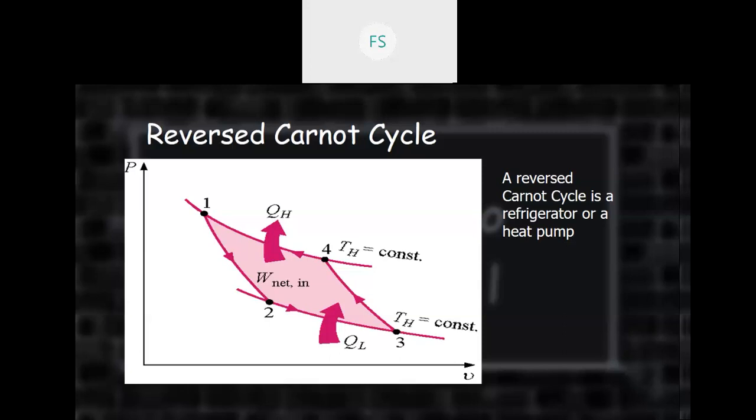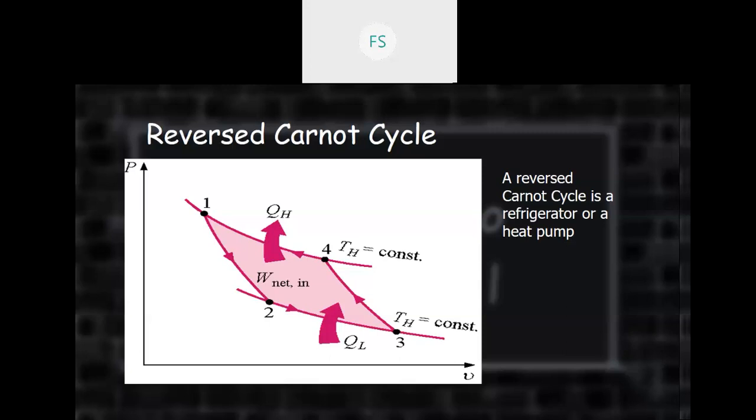Okay, in the previous slide, we learned the 4 processes in a Carnot heat engine. The reverse Carnot cycle is used for the refrigerator and heat pump. If you look at this PV diagram, the process starts from state number 1, then goes to state number 2, number 3, number 4, and back to number 1.